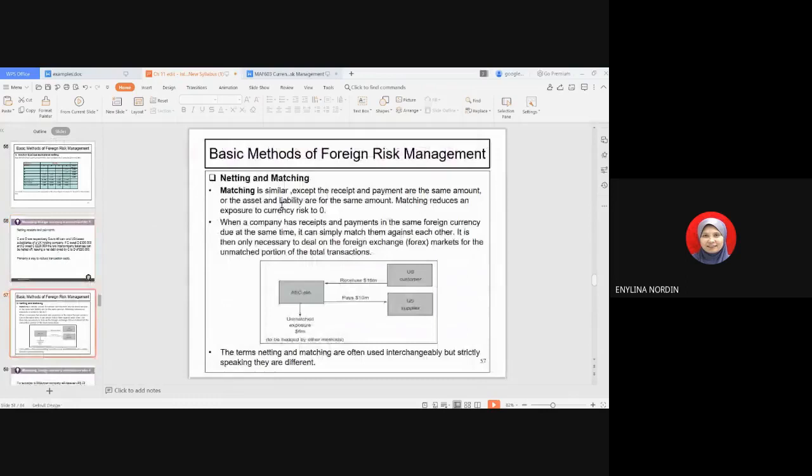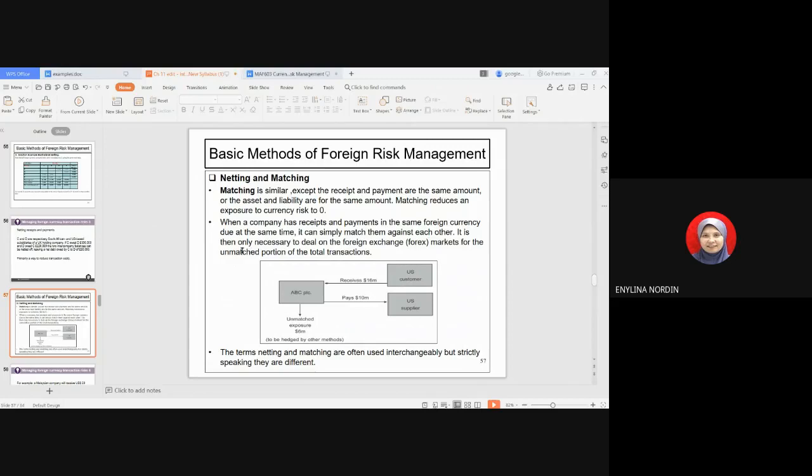So this is what I mentioned about matching. The matching objective is to reduce the exposure to currency risk. When the company has receipts and payments in the same foreign currency due at the same time, it can simply match them against each other. This is similar to the example that I gave you earlier.